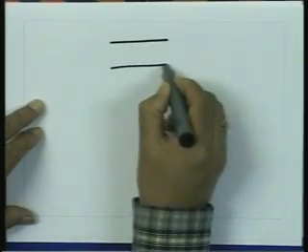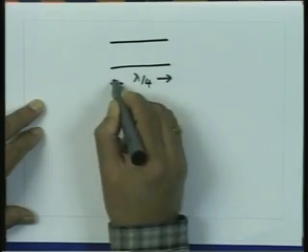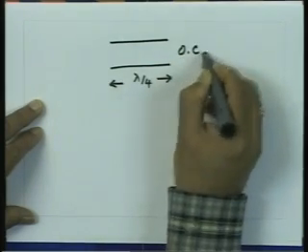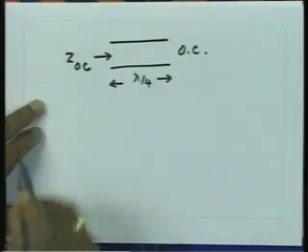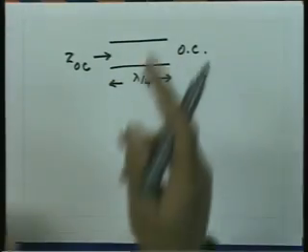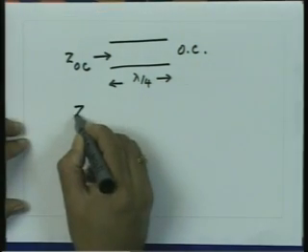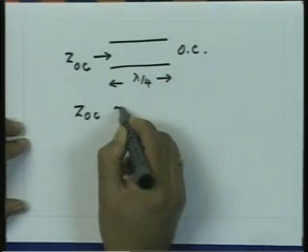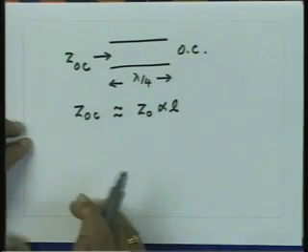So, doing the same exercise for the open circuited line, of length lambda by 4, the impedance which we measure here is now ZOC. By doing the same exercise as we have done for the short circuited line, the ZOC will be approximately equal to Z0 into alpha L.